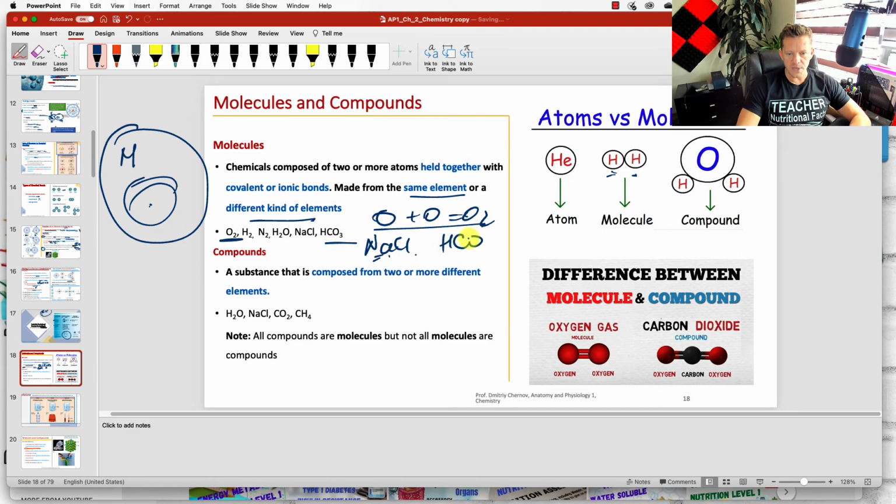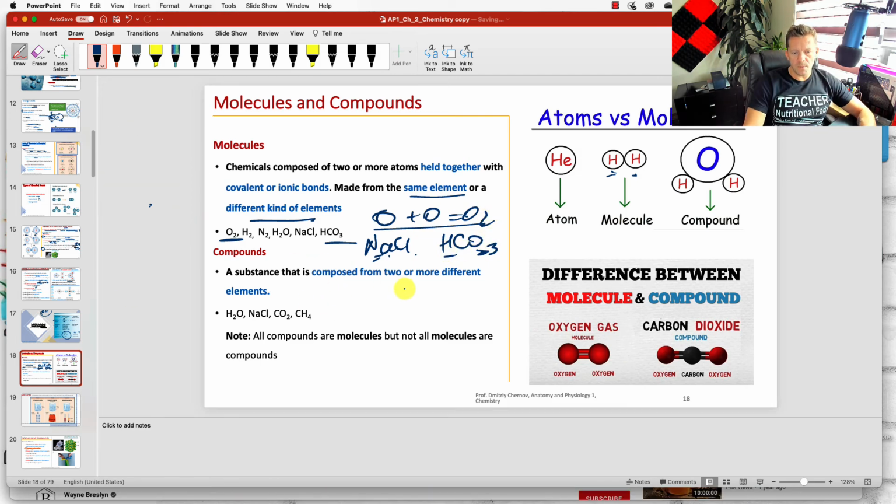So CO3, same elements and also different type of elements, hydrogen, carbon, and oxygen, but also three of them same. And a compound can be composed from two or more different elements, like CO2. Two or more different elements, but not only could be compound, it could also be a molecule because it has the same element. It could be confusing. I don't want to really get into that, giving you a lot of examples, but that's what it is.